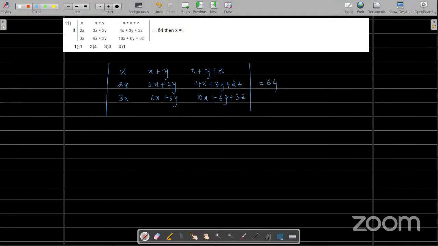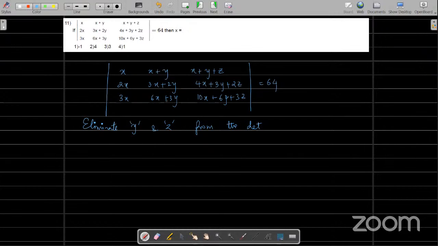And of course, look at it, the value of x alone needs to be found. So that means you can start looking at the equations where y and z are there and start eliminating them. So the idea is to eliminate y and z from the elements of the determinant.